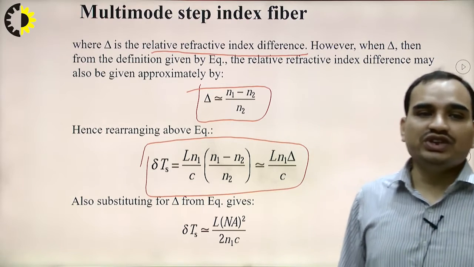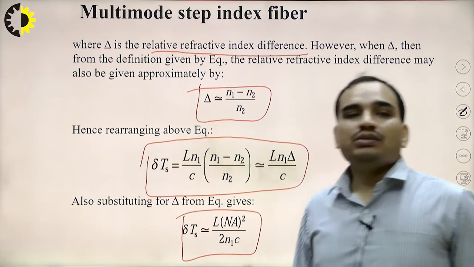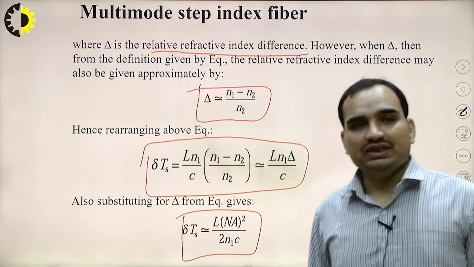Substituting delta, this gives the final expression, L times numerical aperture squared divided by 2 n1 c.